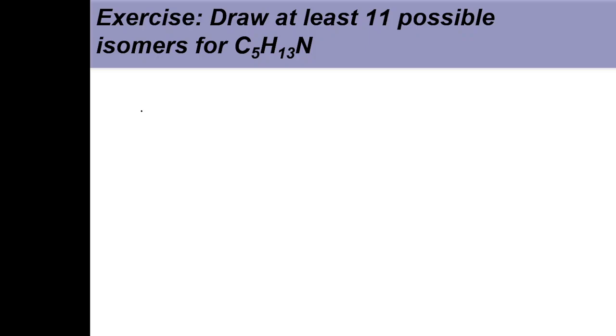Similarly, we want to show that there are possible structures with 5 carbons. We can have linear ones, we can have branched ones, we can even have more branched ones.